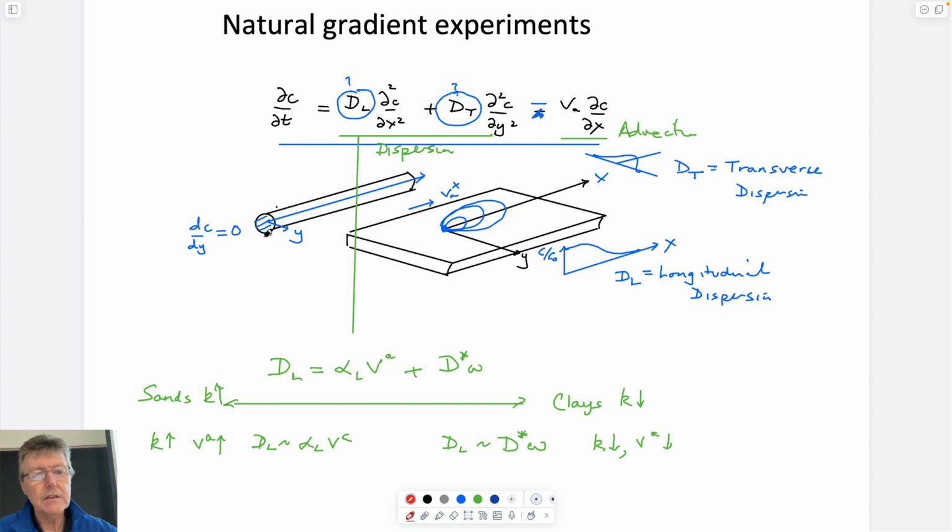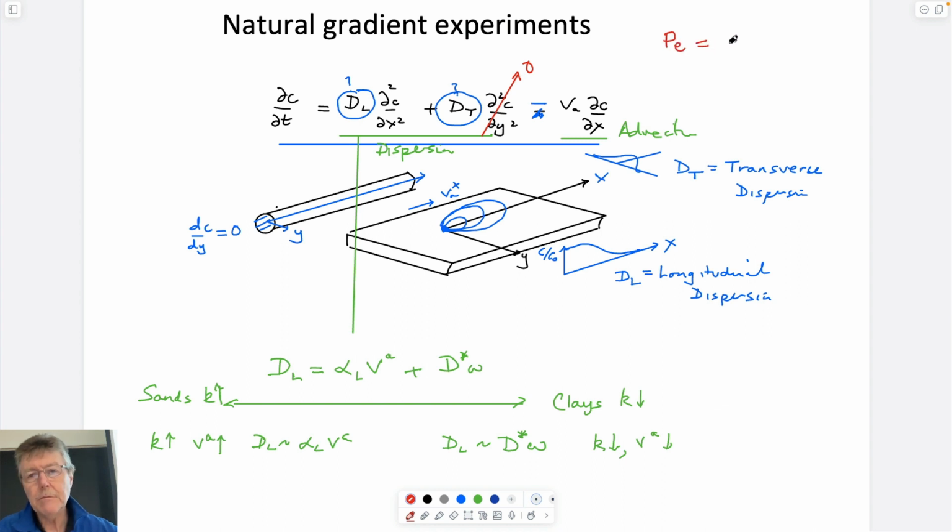And last time we looked at the expressions that would describe this behavior if, for instance, it was a one-dimensional problem down a tube, in which case this concentration gradient would be 0, and we'd be left only with these 3 terms. We found out that there are a couple of terms that define our behavior.